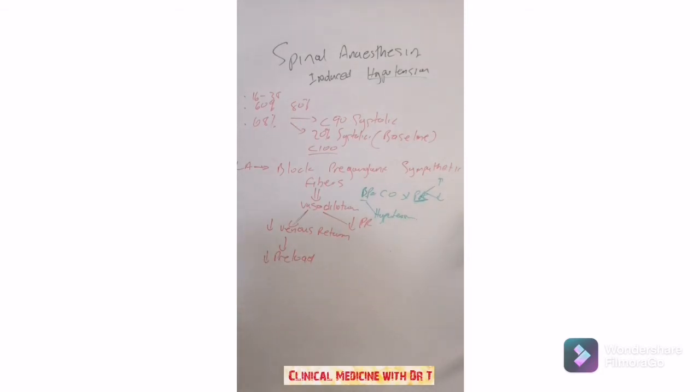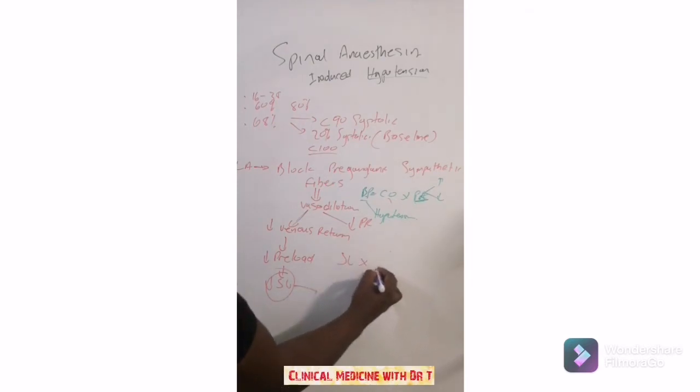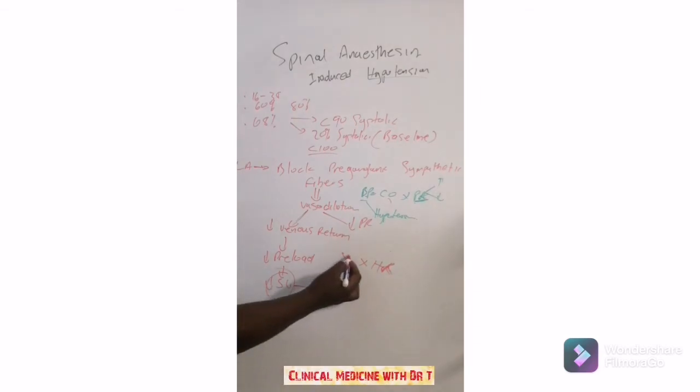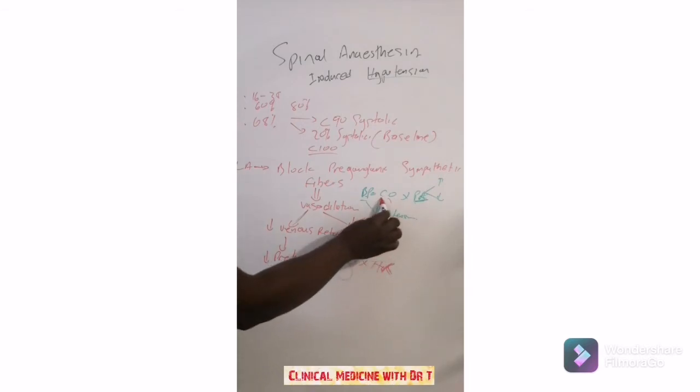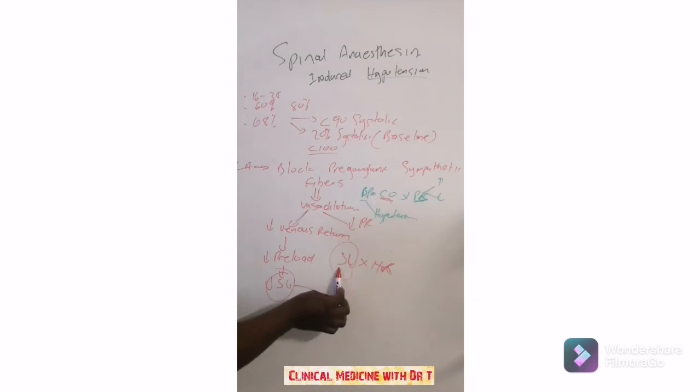Once you get a decreased preload, you get a decreased stroke volume, and we know that cardiac output is the product of stroke volume and heart rate.